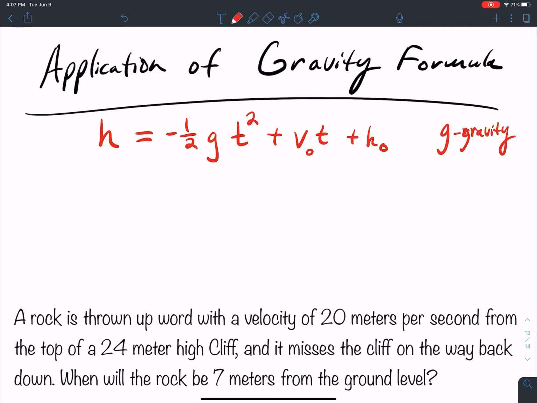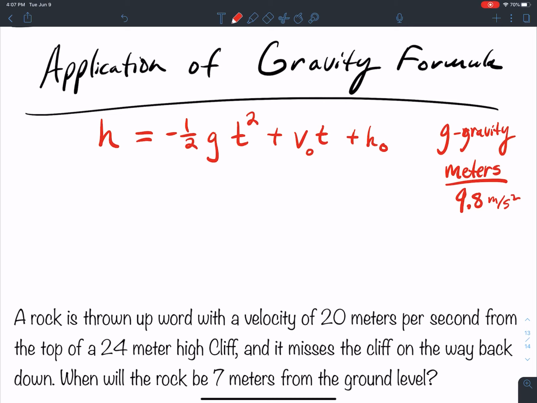and depending on the context of the problem, if it's in meters, okay, gravity is going to be represented by 9.8 meters per second squared.